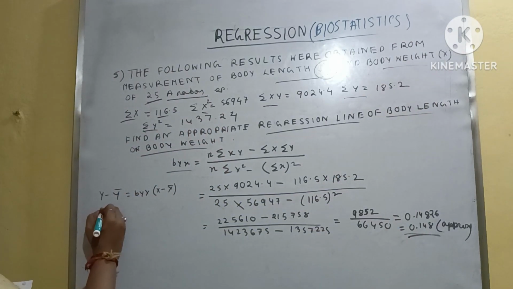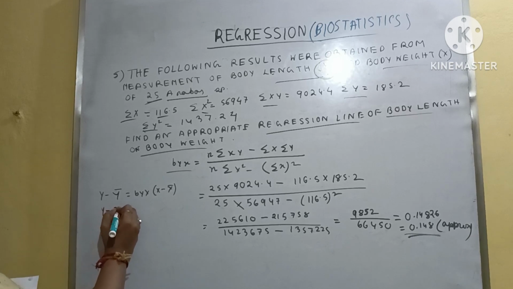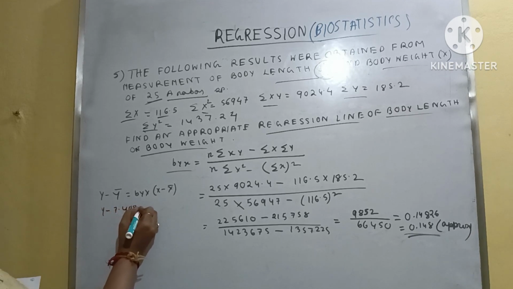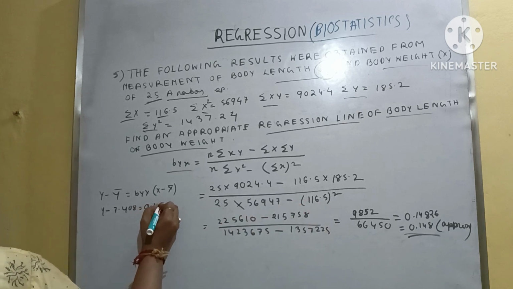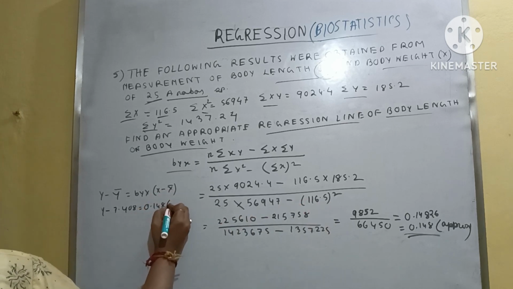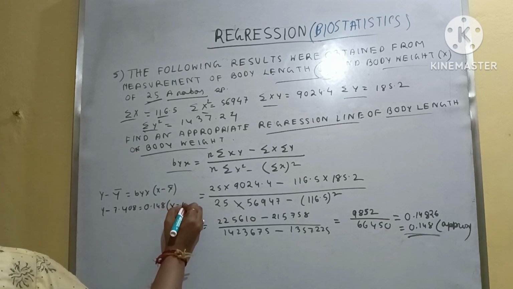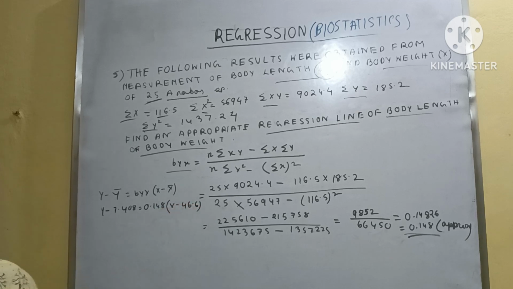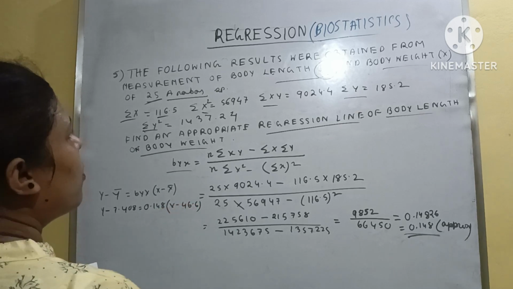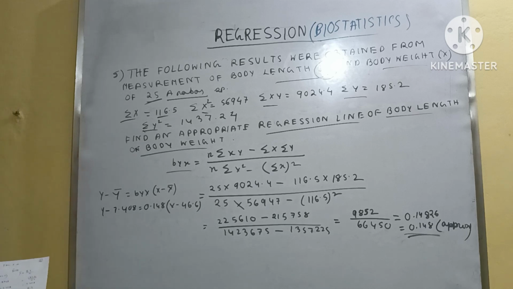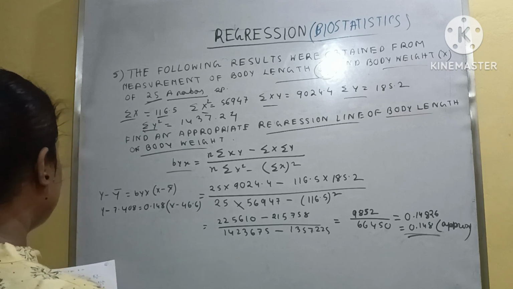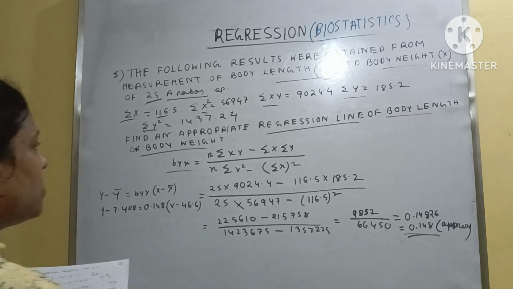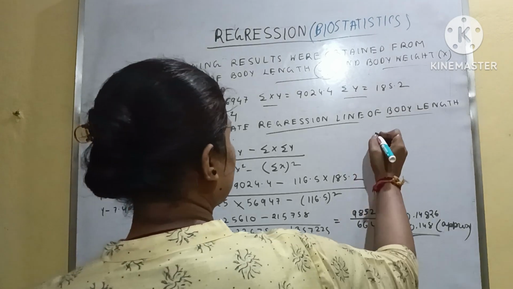Now putting the values: y minus 7.408, where the value of byx is 0.148, and x minus x bar, where x bar is 46.6. You have to calculate the x bar and y bar also.